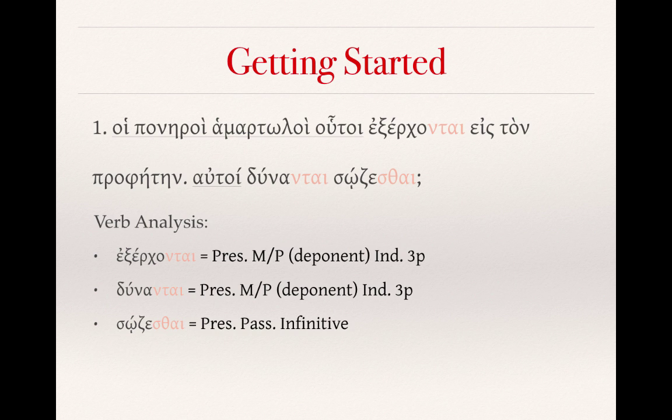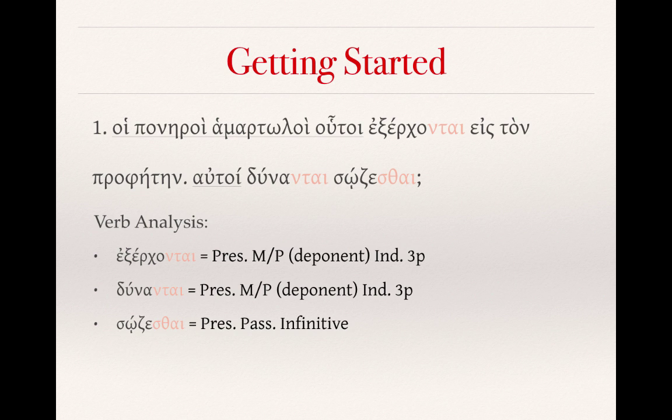The next is dunantai. Again, we see that ntai ending, which indicates that we are in a middle passive voice of the present indicative. And once again, this is a deponent verb from dunamai, which means I am able or I can. And so we would parse this as present middle passive indicative third person plural or present deponent indicative third person plural.